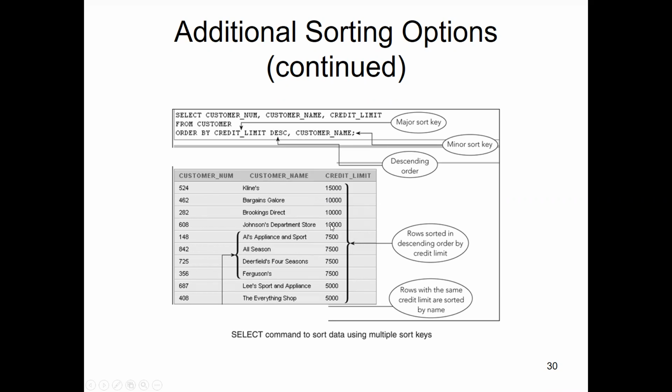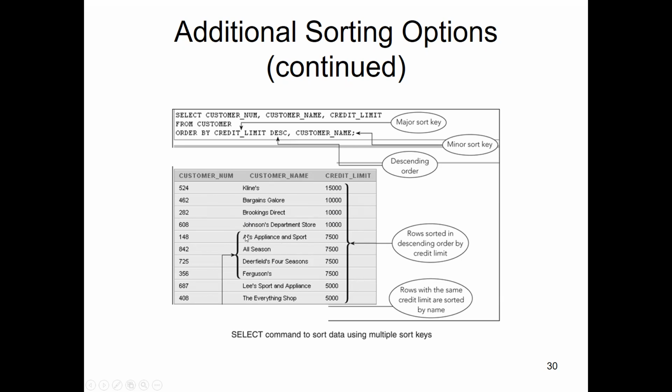But we have a lot of records which have the same credit limit. So then we apply the minor sort only to the ones that have the same. So the major sort is going to be on the credit limit. That's sorted first. And then within each of these, so within the 10,000s, we'll notice that they are being sorted in alphabetical order ascending. So the B comes before the BA comes before BR, and BR comes before J. And then we start again.